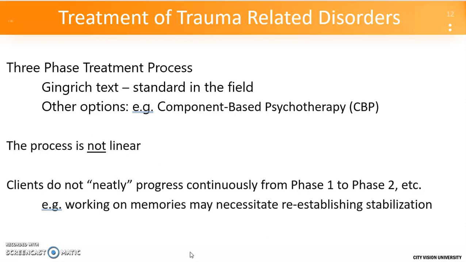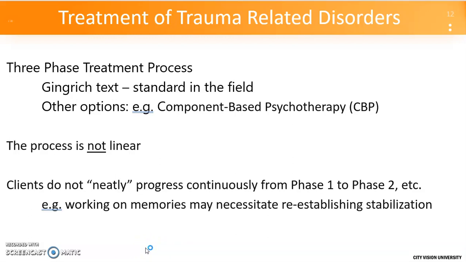So, both of these approaches do consider those. The component based psychotherapy has 4 components, as they're called, as the name suggests. And the first two really mirror the aspects of safety and stabilization. And so they still do address those needs.